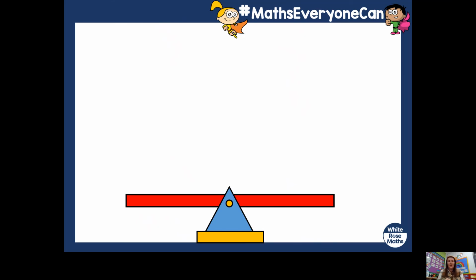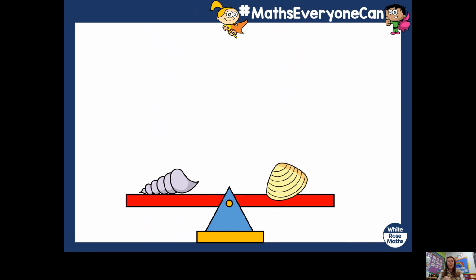Okay, I've got two more objects. What do you notice this time, reception? What has happened this time to the balance scales? Have any of the shells made the weighing scales tip?